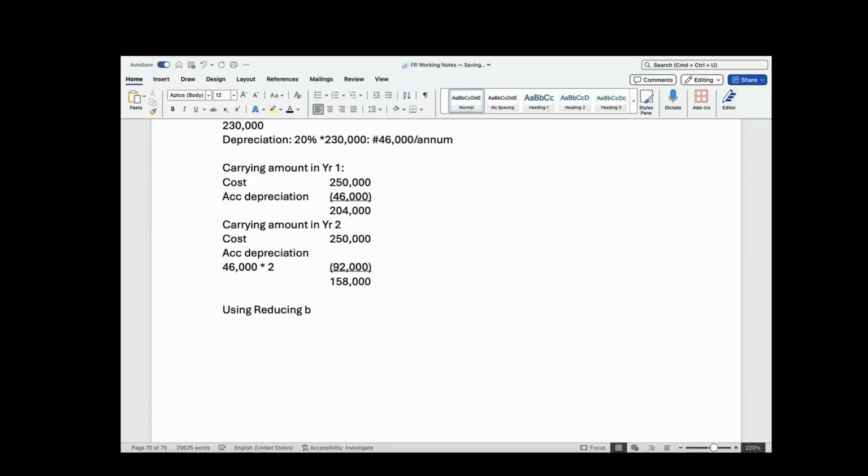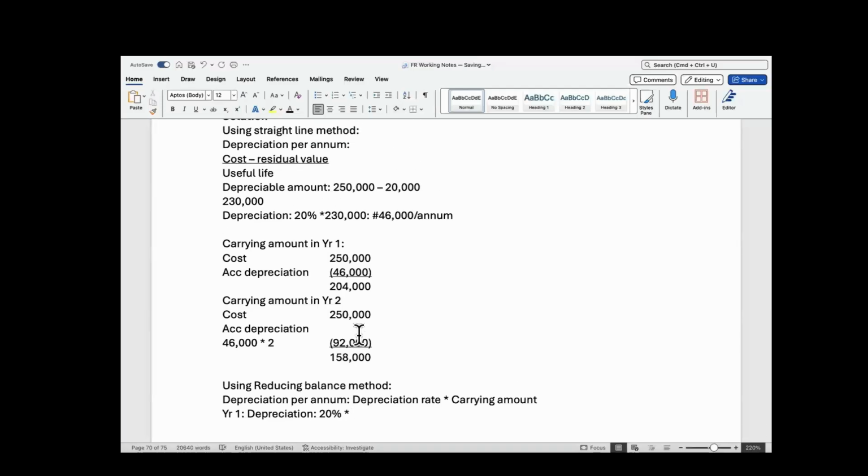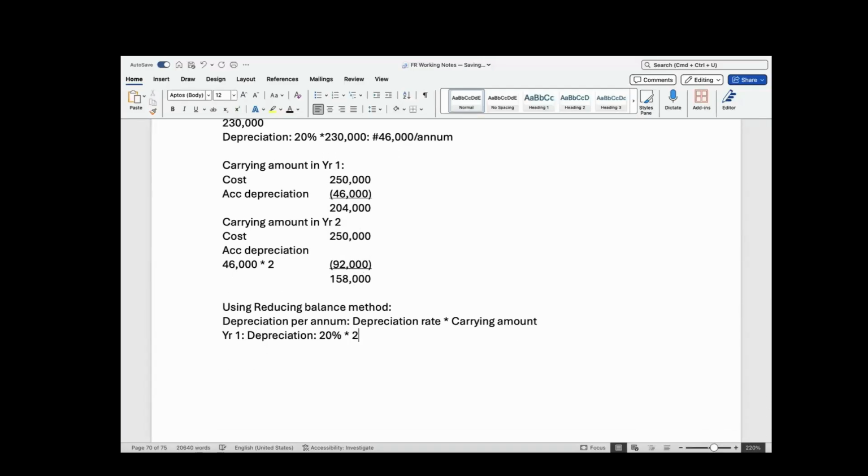If you are using the reducing balance method, the depreciation per annum, like I've mentioned earlier, is just the depreciation rate multiplied by the carrying amount. In year one, I'm just starting, so the carrying amount is equivalent to the cost.